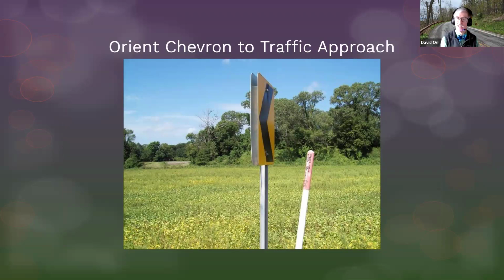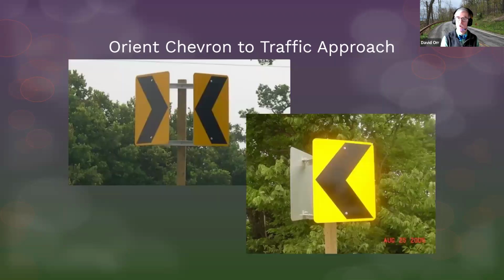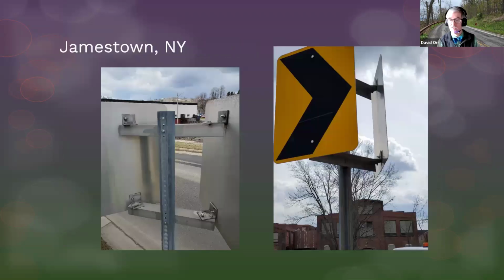But now you're putting more things that can be struck. So alternatively, you can put frames up, and people go, well, where have I seen that? Well, here's one in Jamestown, New York. Where you actually help the drivers because now the signs are oriented properly to their lights and they can see them better. Okay? So things to keep in mind.